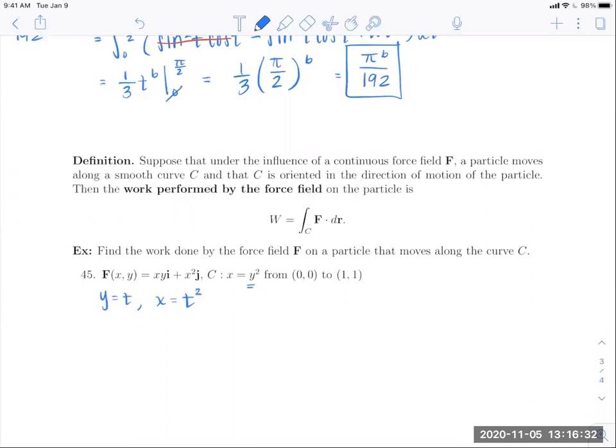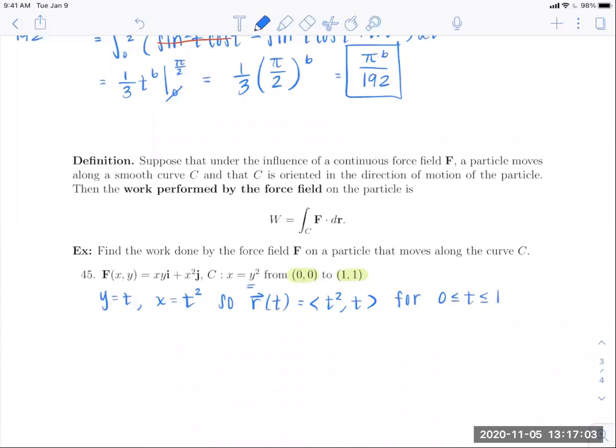And so using this, let me write up my parameterization. I can think of that parabola x equals y squared as the parameterization r of t equals t squared comma t. And then furthermore, how do I identify my restrictions? So what I want to travel from is from 0, 0 to 1, 1. So that tells me that I want t to begin at 0, and then I want to go up to 1, 1.